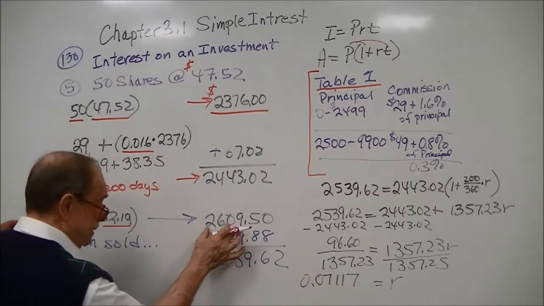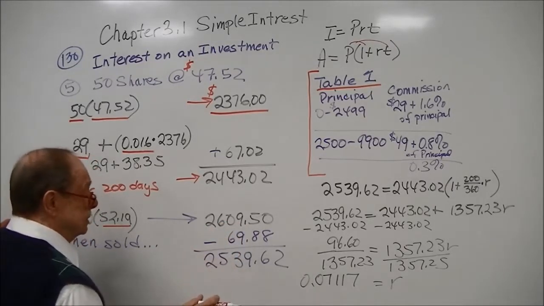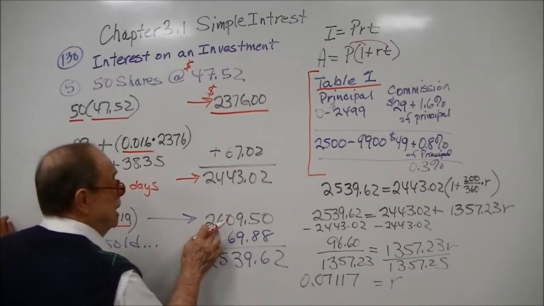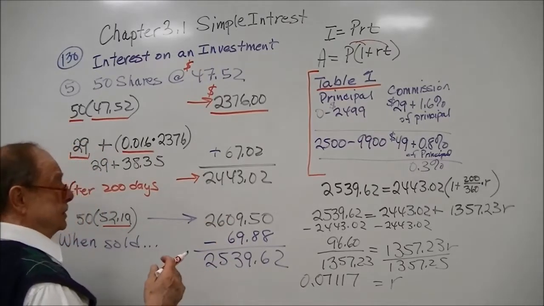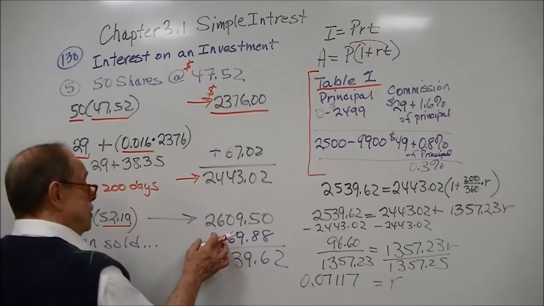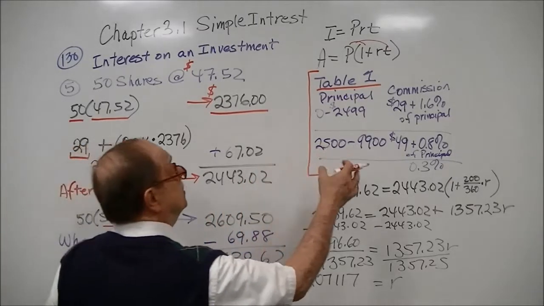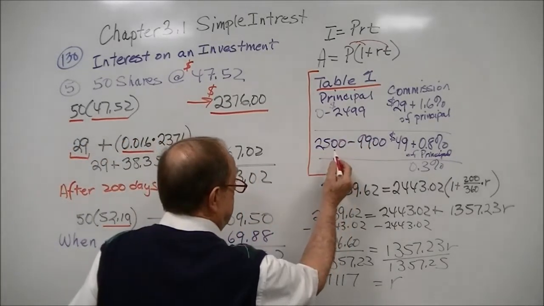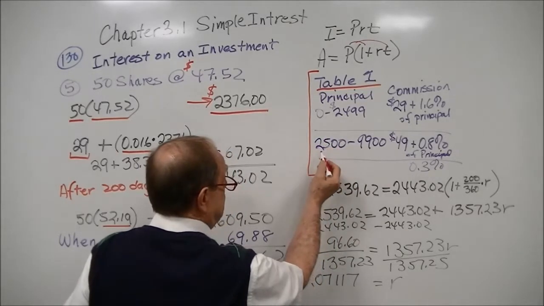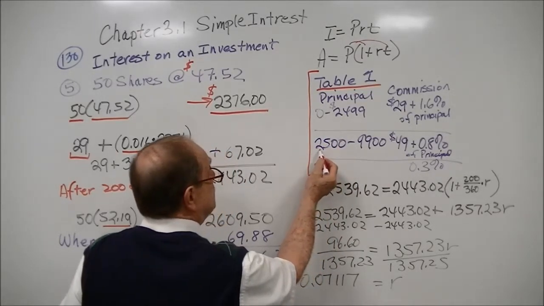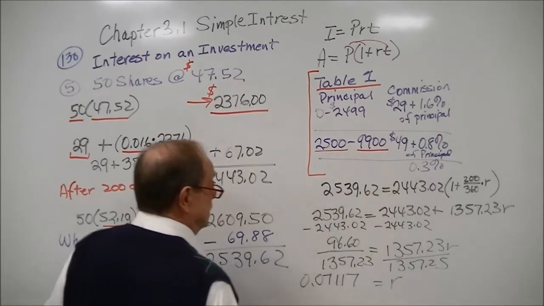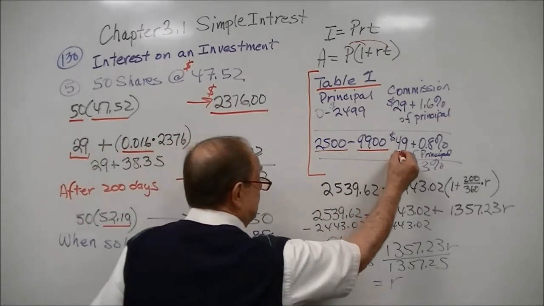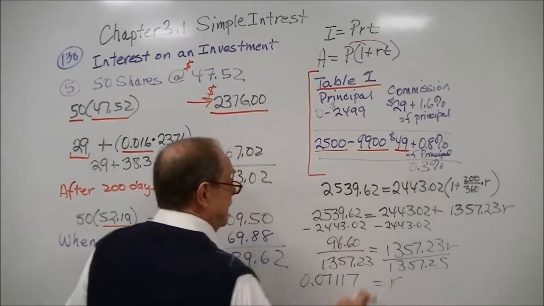And now this is, in a sense, a new principal. But when you sell stock, you have to subtract the costs of the commission. So you get to where your stock is between $2,500 and $9,900. You're paying a flat fee of $49.